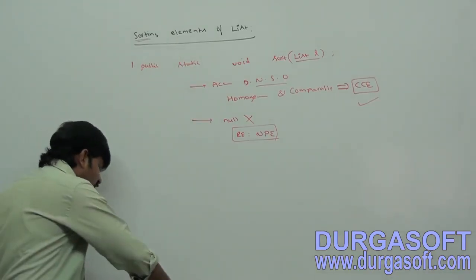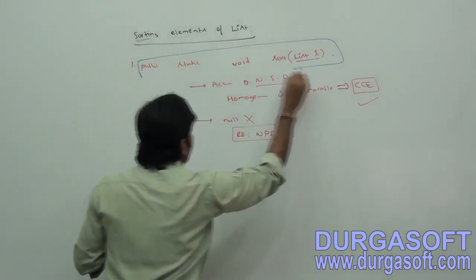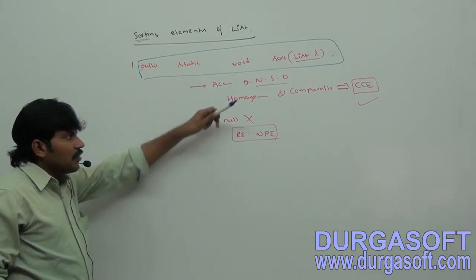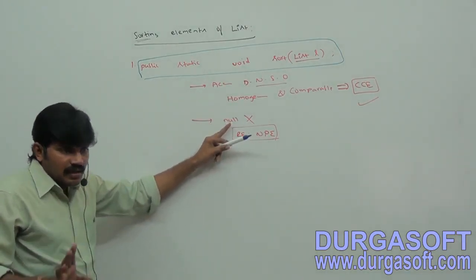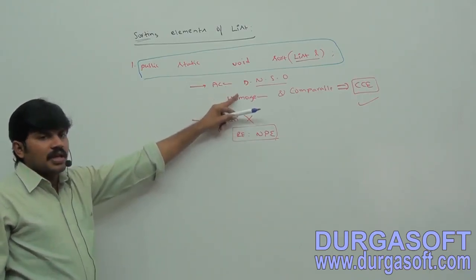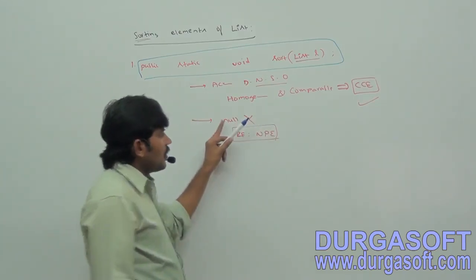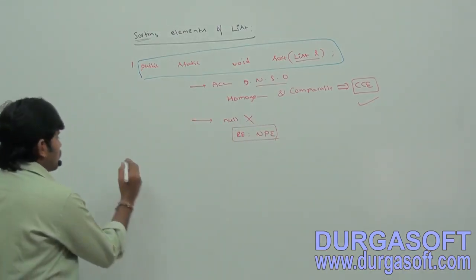So the first method is to sort elements of a list according to default natural sorting order, but the objects should be homogeneous and comparable, and the list should not contain null. Otherwise we get ClassCastException or NullPointerException. This is the first one.